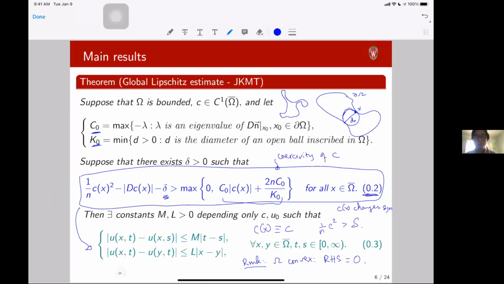No, I'm just saying that we have a global Lipschitz estimate for all space and time. I'm not saying that it improves the conditions. What you said is absolutely correct. In the case that we don't have the Neumann boundary conditions, we can prove that for constant forcing we always have Lipschitz regularity.